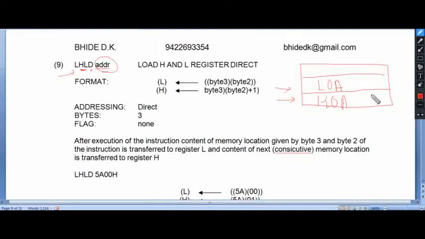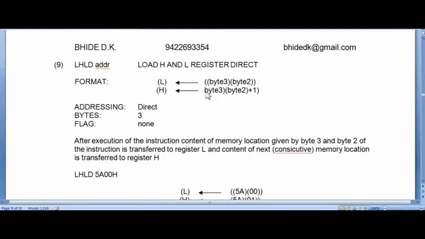Whatever address is given by the second and third byte of the instruction, it goes to that memory location, and from that memory location the number is brought to register L. And whatever is present in the next consecutive memory location is brought to register H. This is the instruction LHLD address.